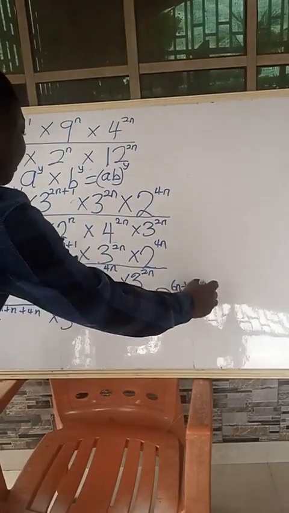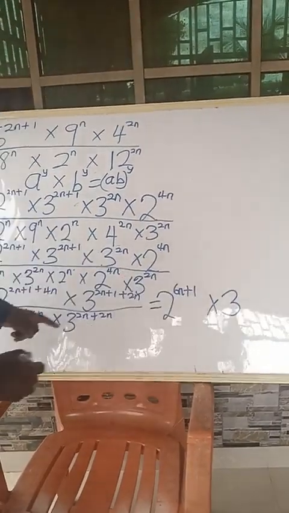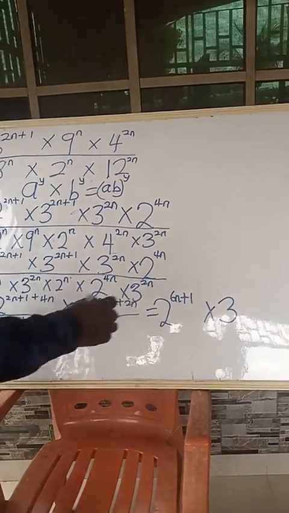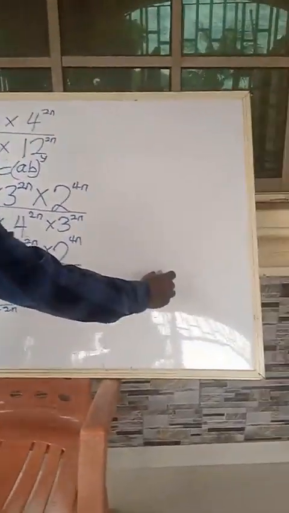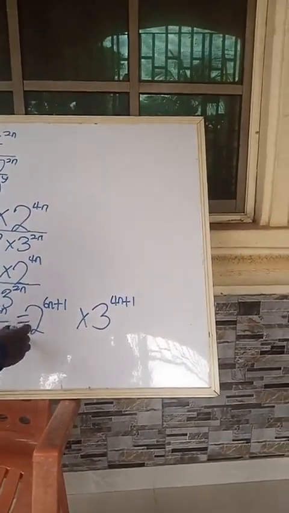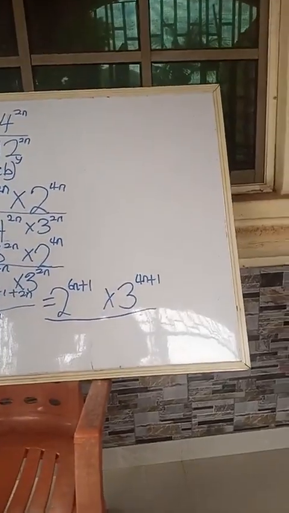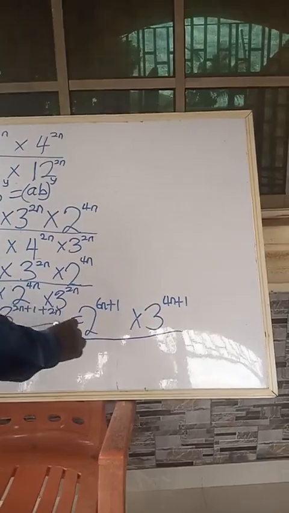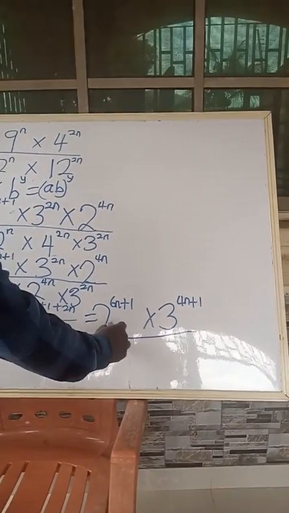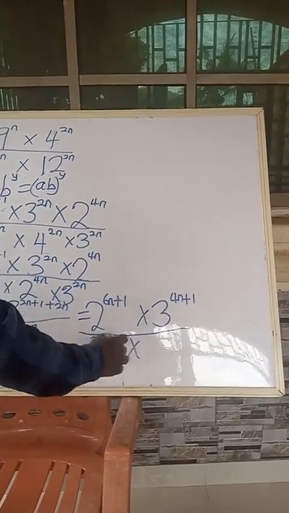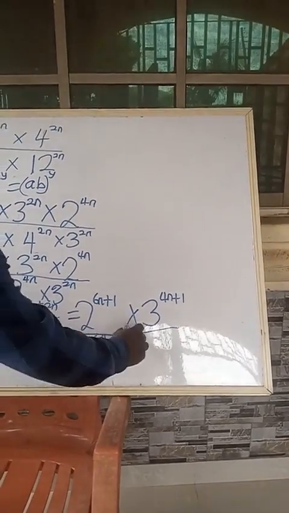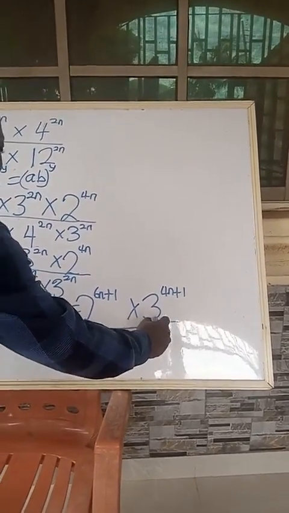Then times 3 raised to power, I want to add this, 2n plus 2n, that is 4n. So 4n plus 1, then all over, and here n plus n plus 4n, so that is 2 raised to power 6n, then times here 2n plus 2n, that is 4n, 3 raised to power 4n.